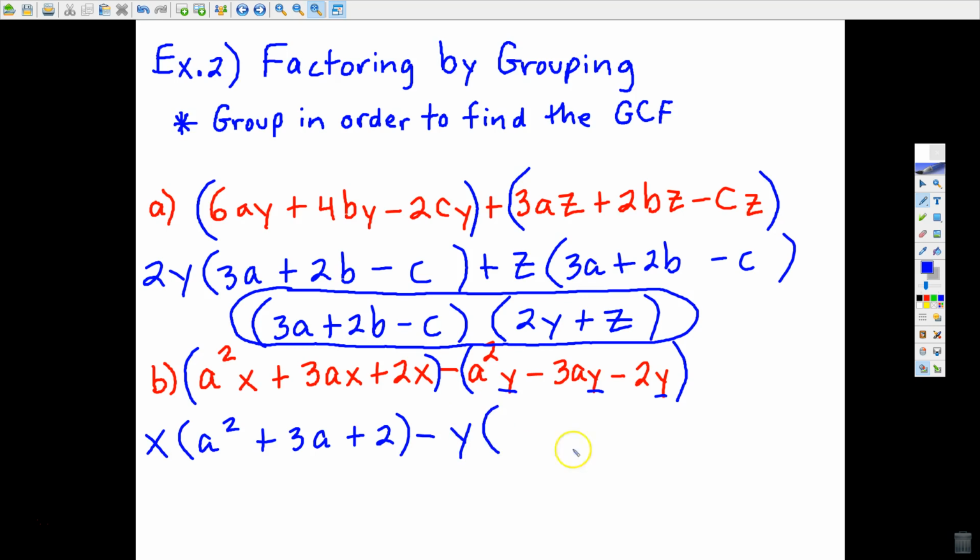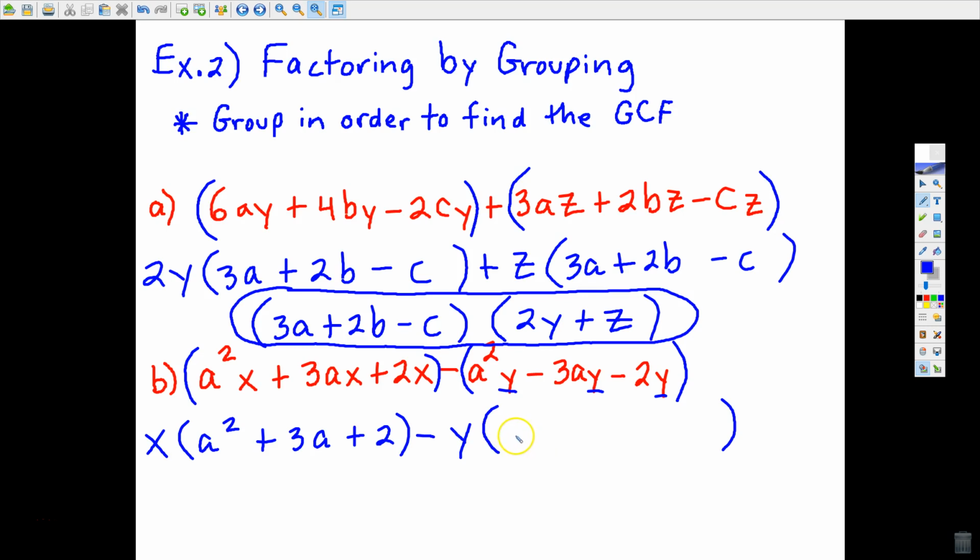So Kate, factor y out of this second group of 3, and what do you have? Now be careful because you're technically dividing by negative y. Okay. So negative y divided into positive a squared y. Negative a squared?